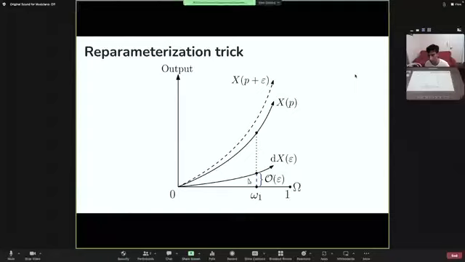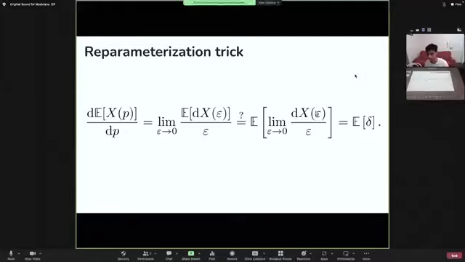This change is small, so we can actually compute its derivative at every omega, and then we'll have a new random variable. Remember, a random variable on a probability space is just a function from omega to some output. So now our function from omega to our output will be this derivative at every particular omega.